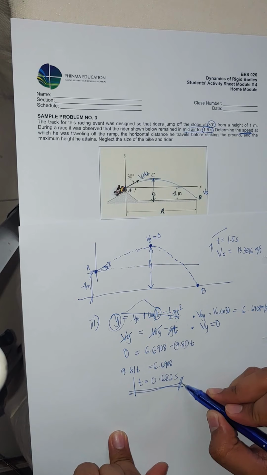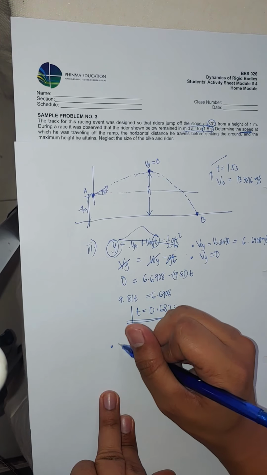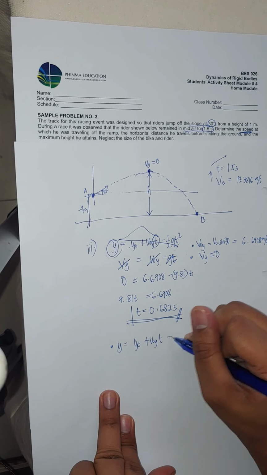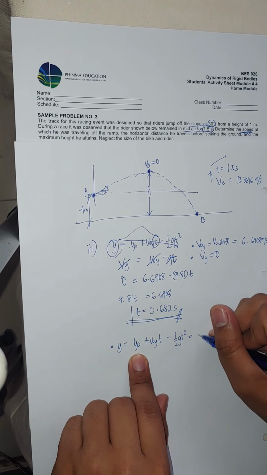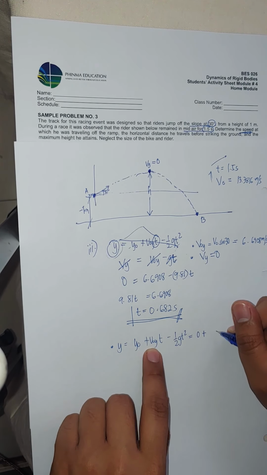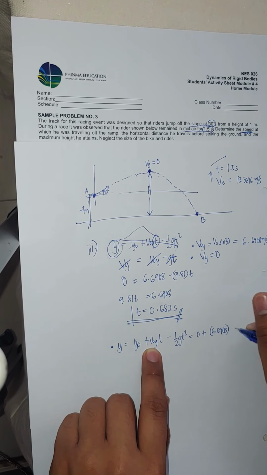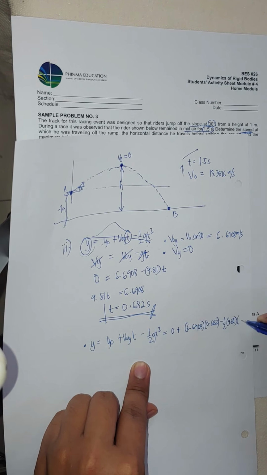It's not yet the answer, but we have the time. Since we have solved the time, we can use this equation. y is equal to y naught plus VOY t minus 1/2 gt squared, so our initial y is 0 plus our VOY, 6.6908 times time, 0.682, minus 1/2 times 9.81 meters per second squared times 0.682 squared.